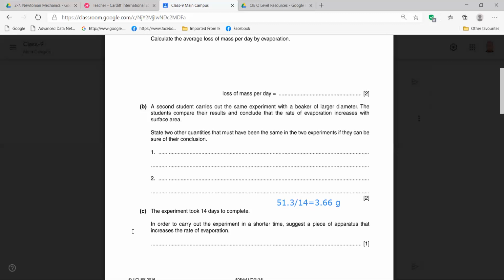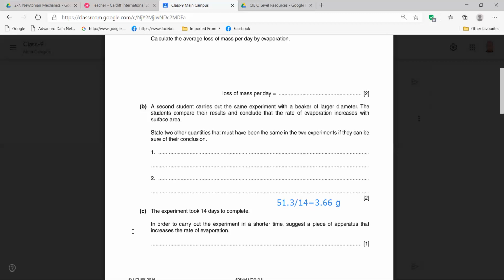You had better bring two ideas, the most important ones. One is that the amount or volume of the liquid should be constant, and the temperature should be constant.